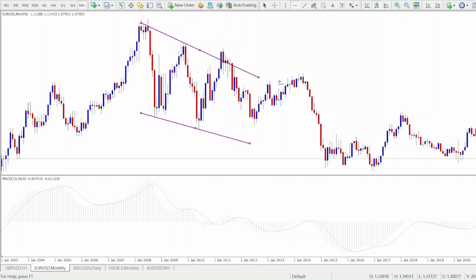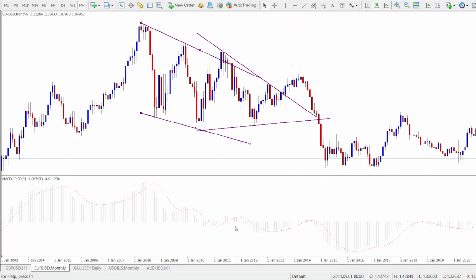Then in this case we had some sort of pattern here. I think this is a triangle pattern that was forming around here. So you can trade chart patterns like this on higher time frames. You can actually trade the ranging market on the higher time frames.